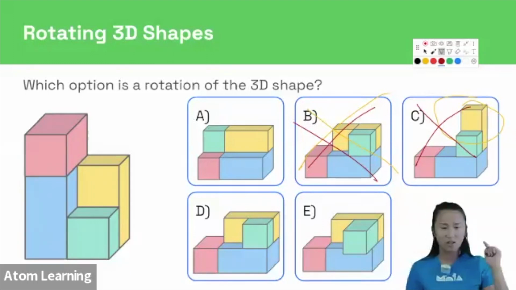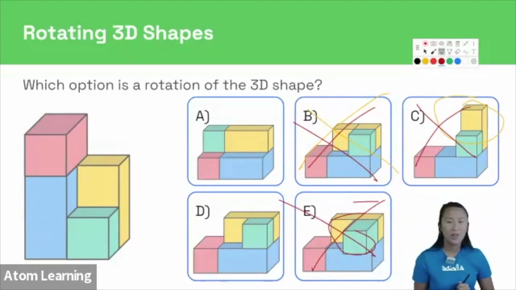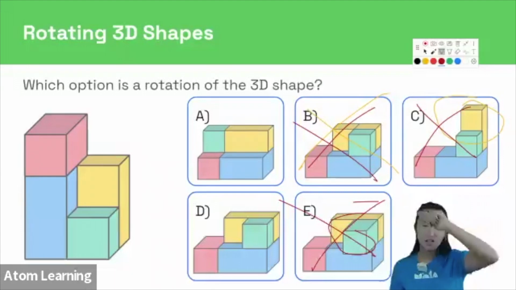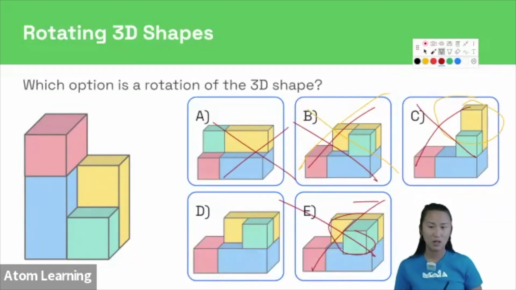It's sticking much further out than it is in the original image. So we can rule it out for that reason. And then in A, the red and green blocks shouldn't be touching. So they're in the wrong position. That means we can also rule it out. So we are eventually left with our answer D.